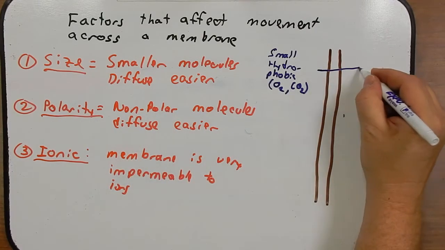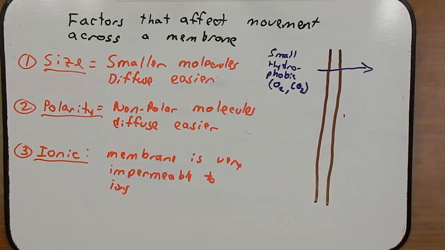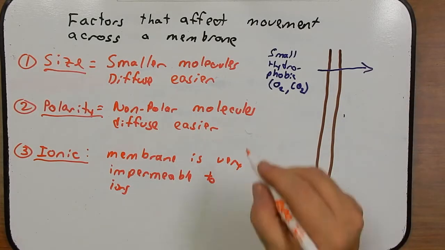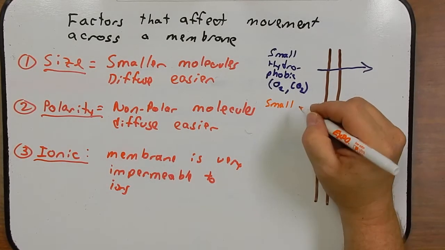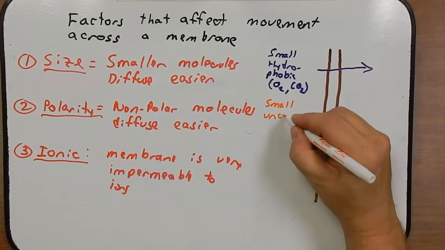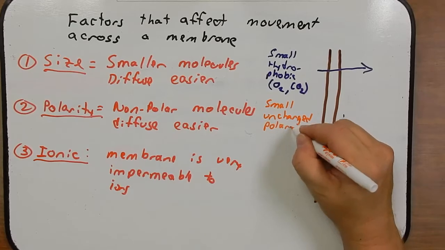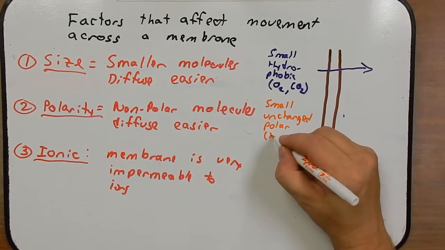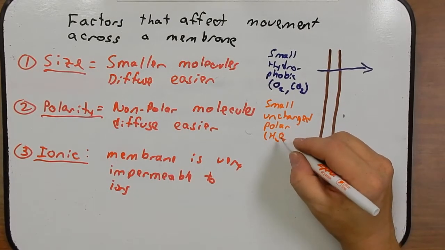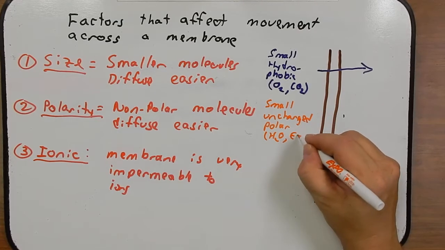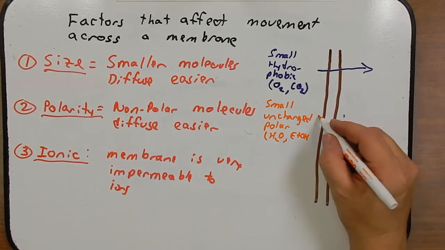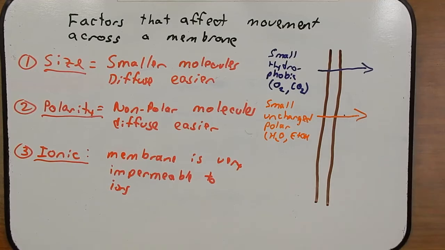So these will easily diffuse across the membrane. Next, let's consider small, uncharged polar molecules. This would be like water and ethanol. These will also diffuse across the membrane.